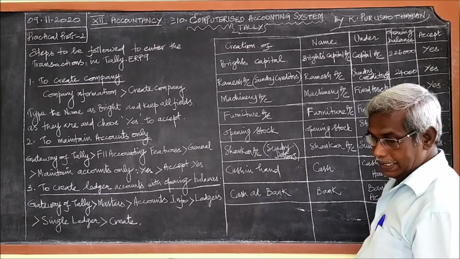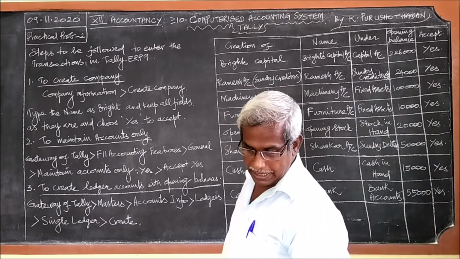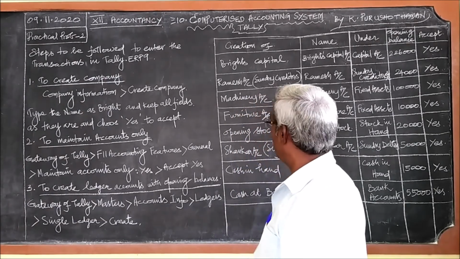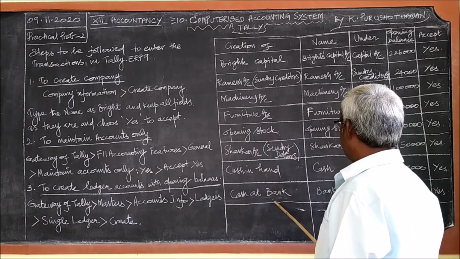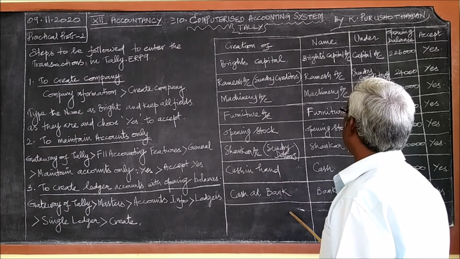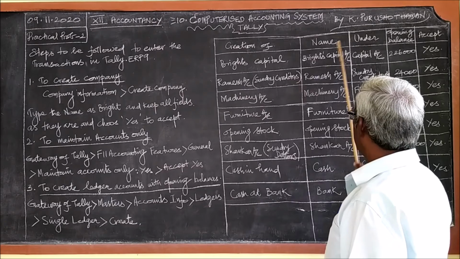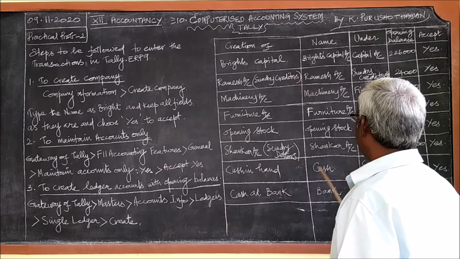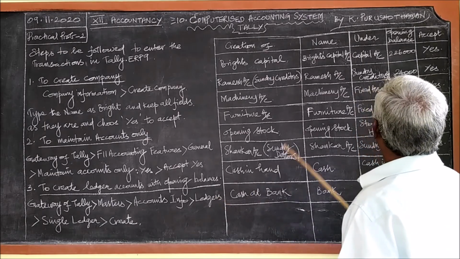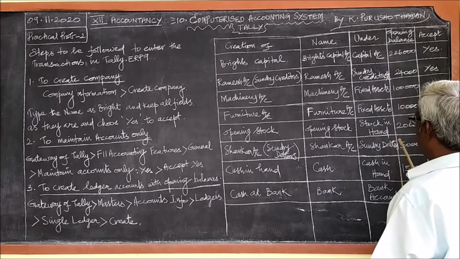Then the next one is cash in hand and cash at bank. Cash in hand 15,000, cash at bank 55,000. This is given. Because two assets are given separately, this is creation of each. This is the cash in hand, therefore cash. This is the cash at bank, therefore bank. Under what account should it be written?